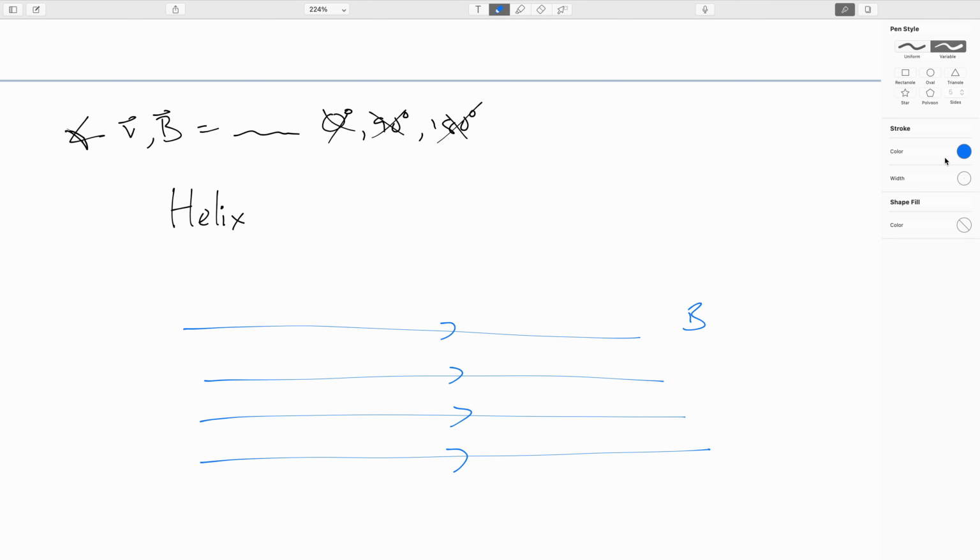So let's say we've got a positively charged particle, and it's doing some motion like this. Well, we can break this motion up into two bits. We'll have a parallel bit and a perpendicular bit. This bit never changes. This bit here will be constantly changing direction.